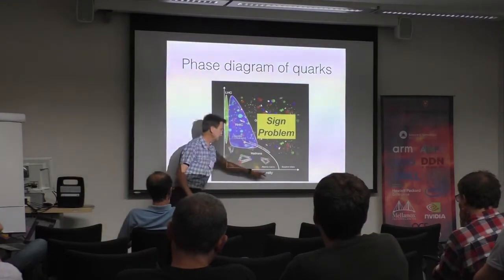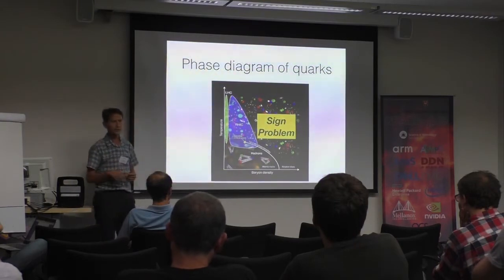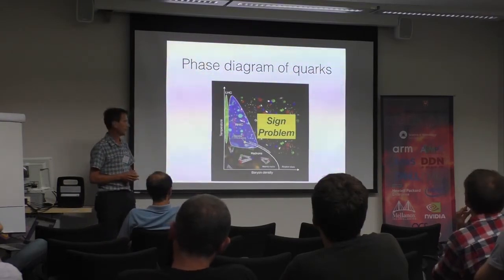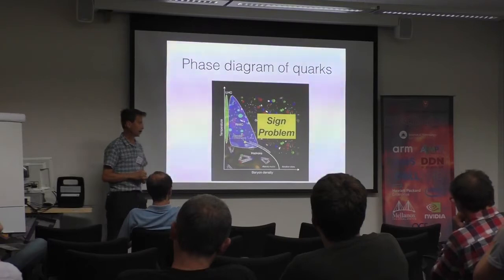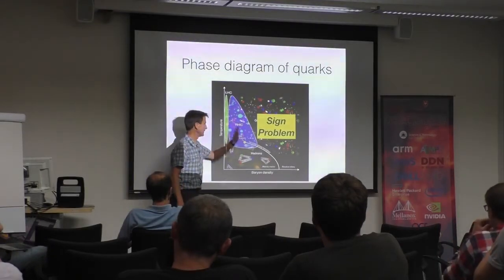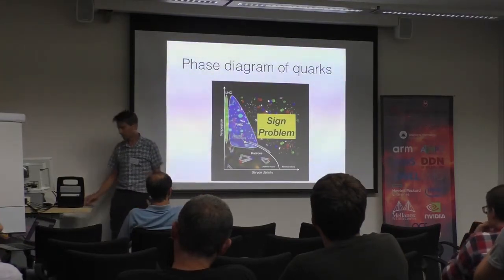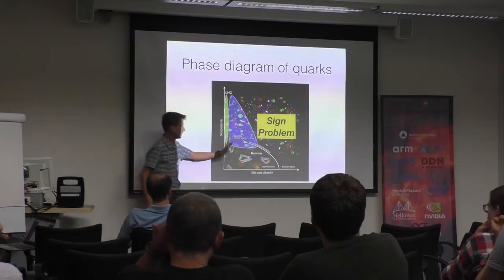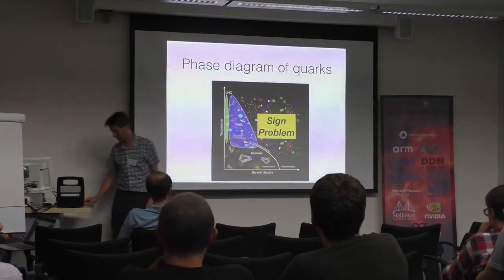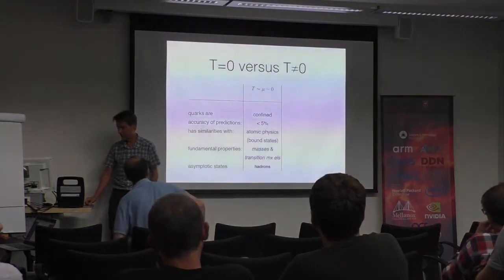And as soon as you go out here, you don't have a real valued probability, so you can't use that accept-reject. And the inherent algorithm falls apart. So that's the famous sign problem. So you go a little bit into there, but you can't push it too far. So there's all sorts of different ideas to try and get around that, which I certainly won't have time to talk about. But I just want to point out that it's not as easy as I might make out.